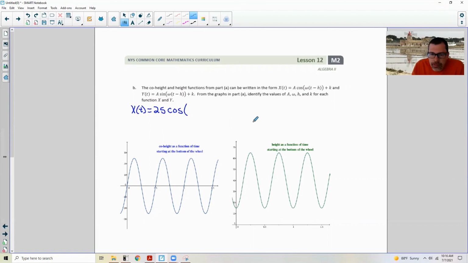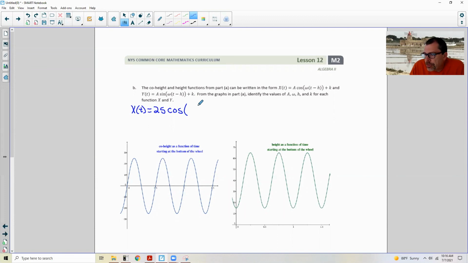Okay, what's omega going to be? 4 pi. Yeah, 4 pi, because we're going to do 2 full rotations.